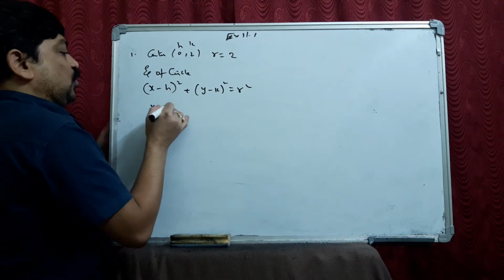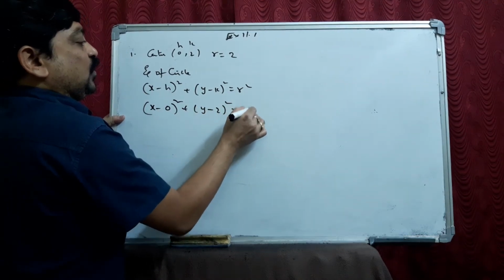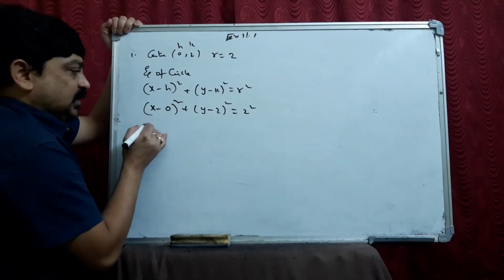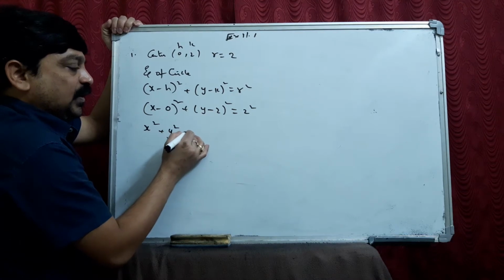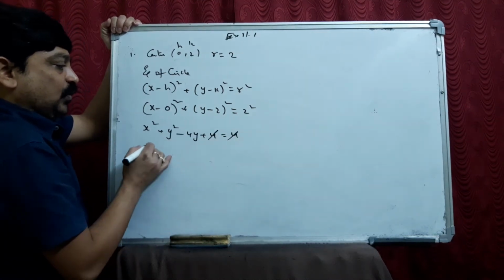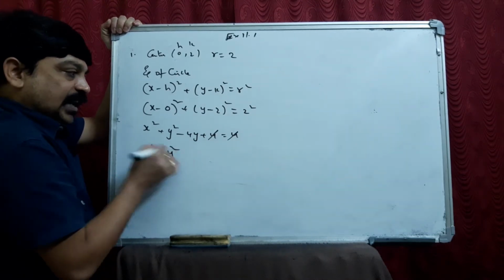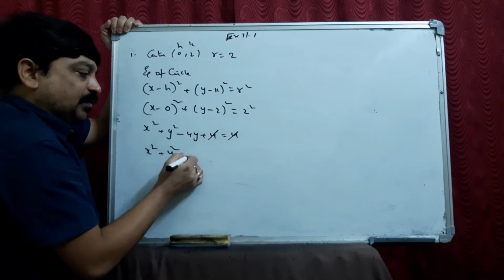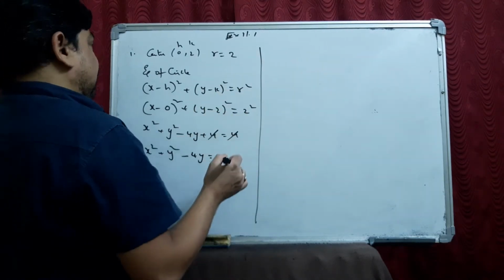X minus 0 whole square plus y minus 2 whole square equal to 2 square. You can expand this, it looks like a minus b whole square, a square minus 2ab plus b square, equal to 4. So the order should always be x square, y square, next the x term, next the y term, next the number. Here all those are not there, so you can leave it like this.